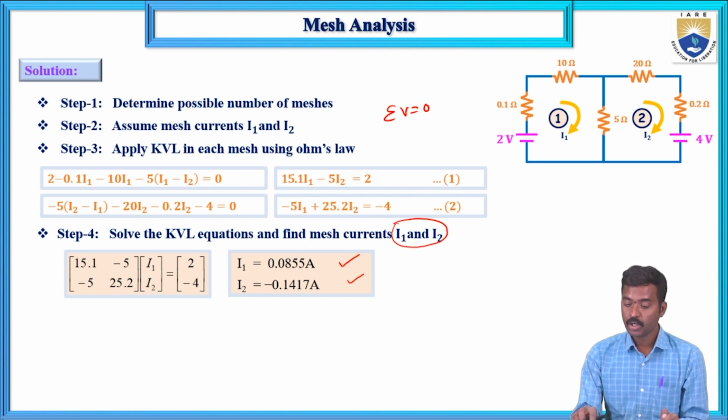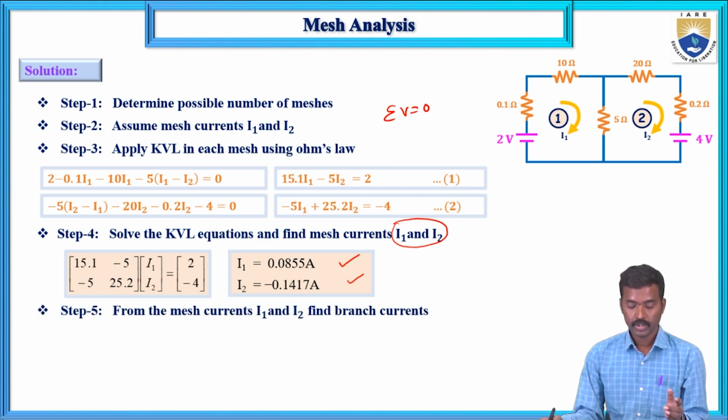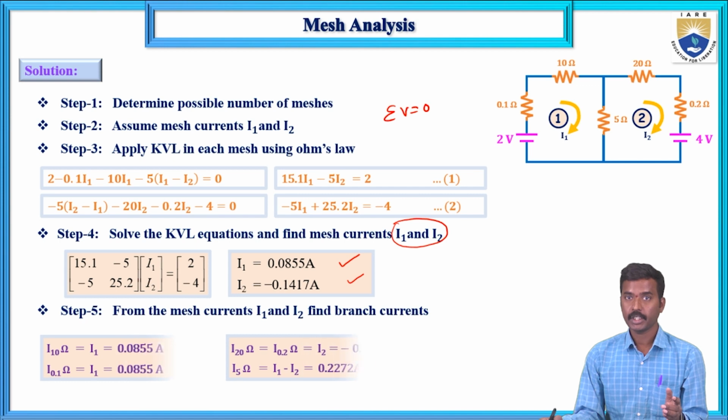We need the 0.1 ohm current, 10 ohm current, 5 ohm current, 20 ohm current, 0.2 ohm current. Here I1 and I2 are mesh currents only. From these mesh currents, calculate the branch currents. Step 5: from the mesh currents I1, I2, determine the branch currents.